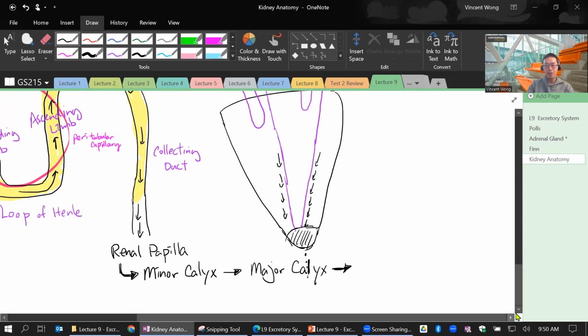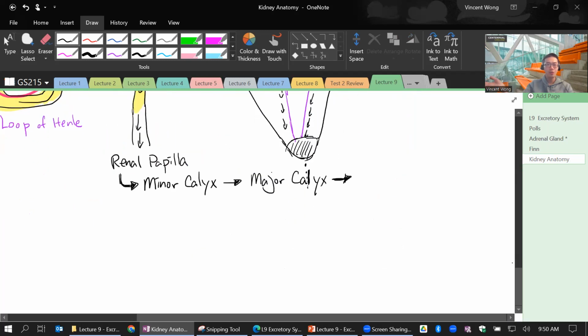And from the major calyx, you can look at the diagram we drew at the beginning of the lesson. Where does it go after the major calyx? Almost there. Renal pelvis. That's right, the renal pelvis.